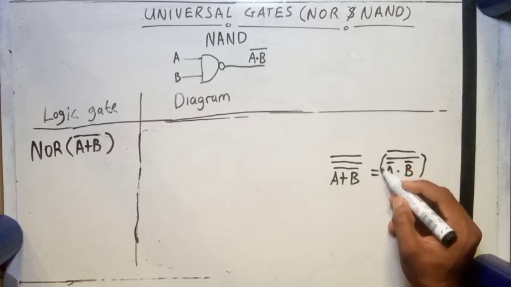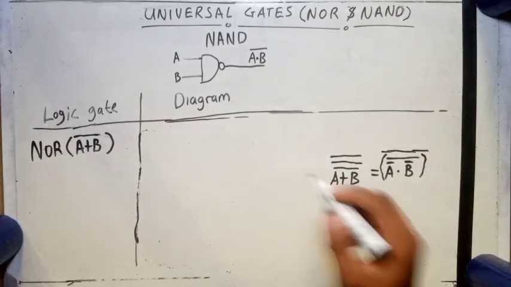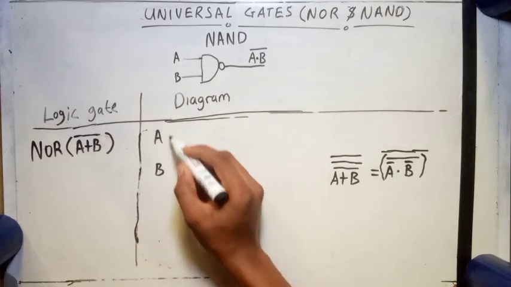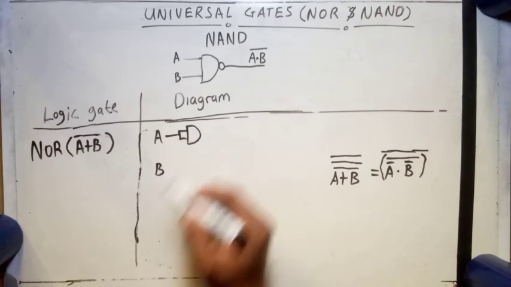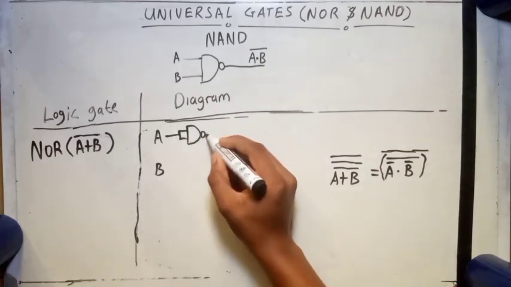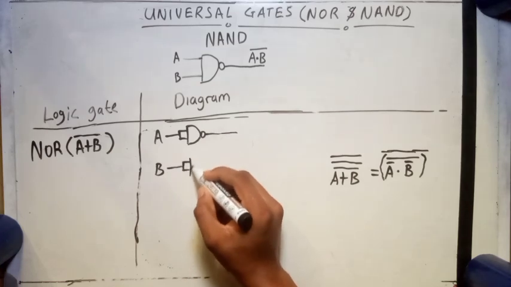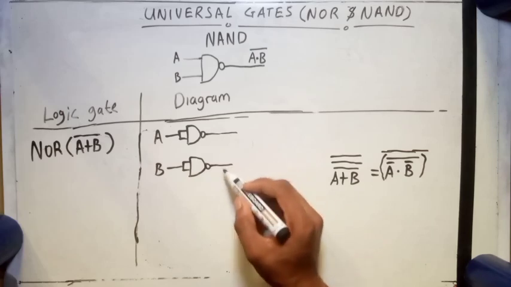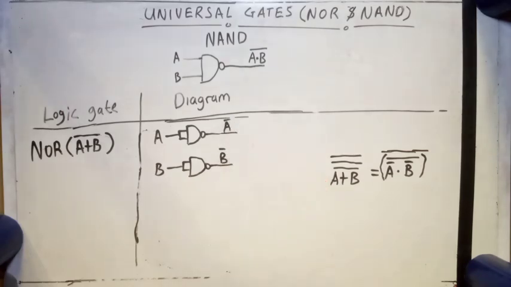This is a NAND. Then this one is just what? We are negating it. So coming over here, we have A, we negate A, and we also negate B. Okay, now we are having B bar, A bar.